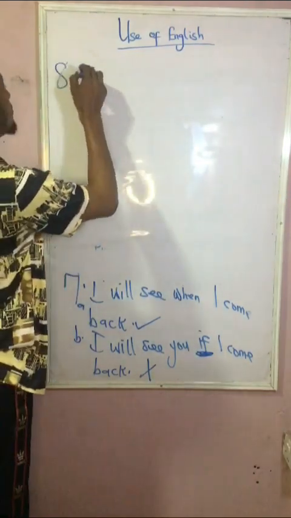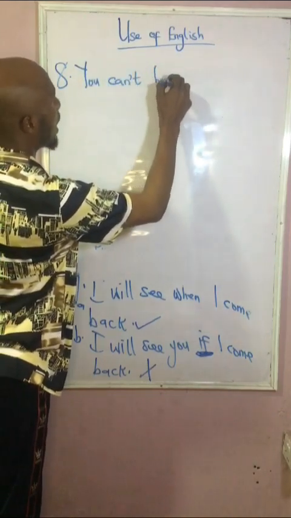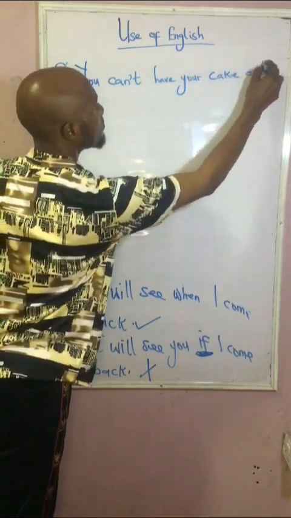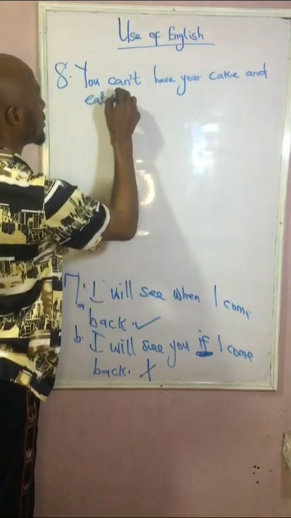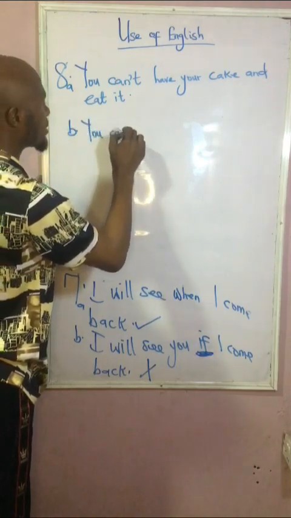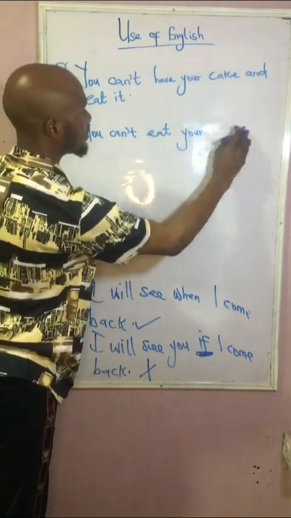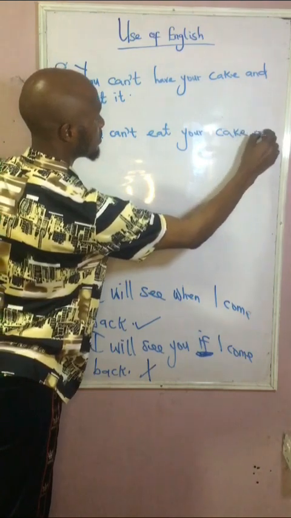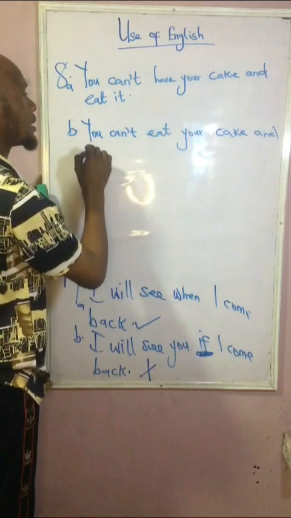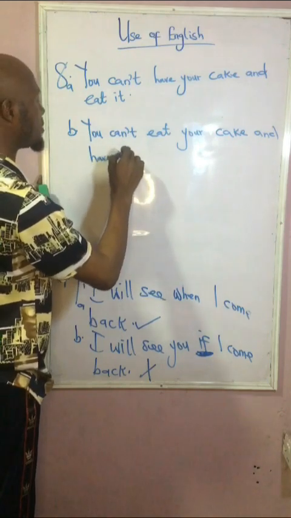Number 8. You can't have your cake and eat it. B. You can't eat your cake and have it.